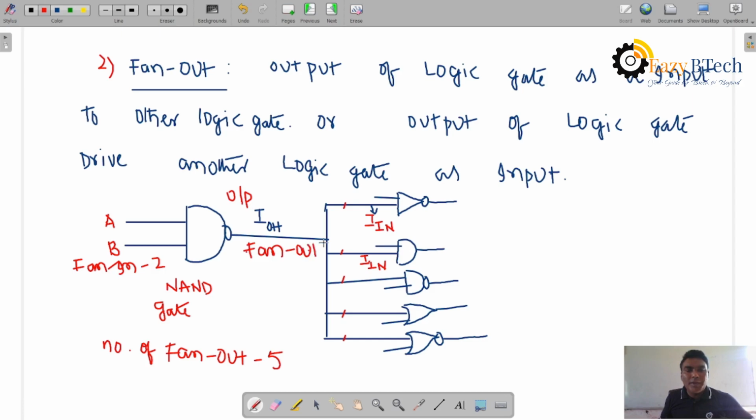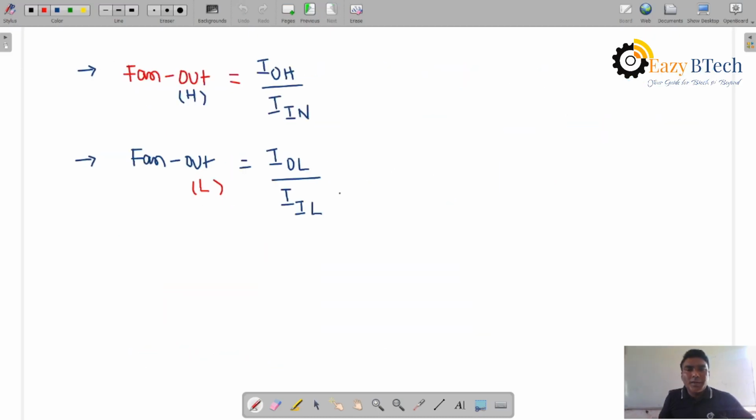Fan out is how many logic gates it can drive. It depends on the ratio of high output current to high input current. Likewise, the low output can drive other logic gates: low output to low input.